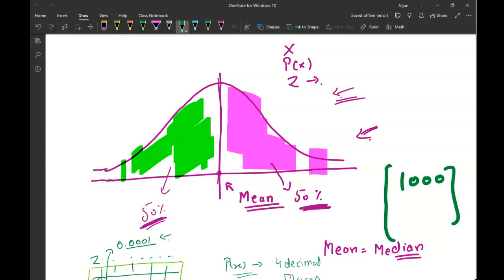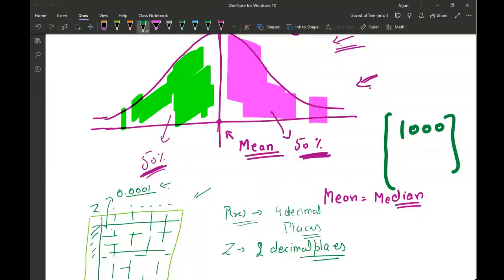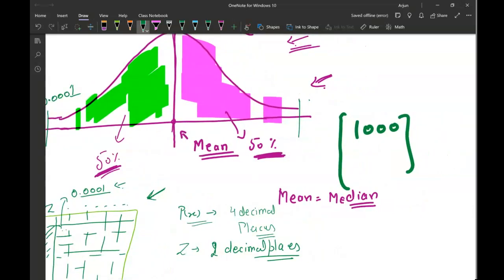So if you open up your probability distribution table, you will find the first probability is 0.0001, and the last probability on the second page is 0.4999, with 9s repeating.